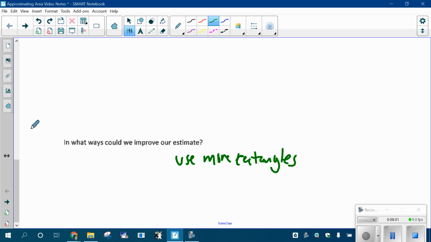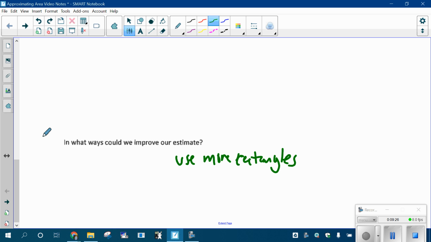And you know what? Let's push this idea a little further. I hope you're kind of thinking about what I'm about to say, like you're getting in your calculus mindset. Oh, so you're saying if I want to approximate area under the curve, using more rectangles makes it more accurate. Well, wait a second. More rectangles makes it more accurate.